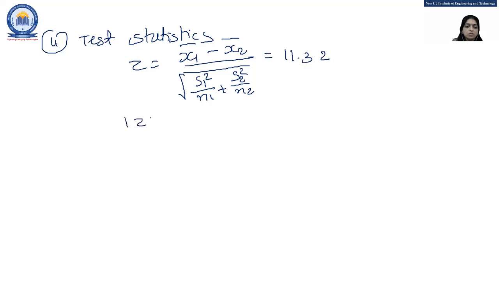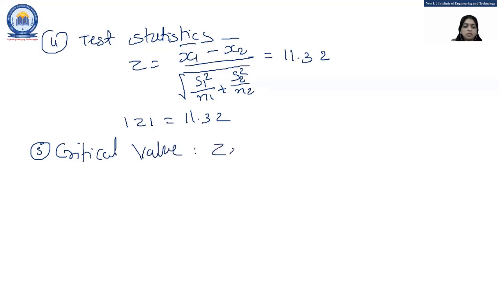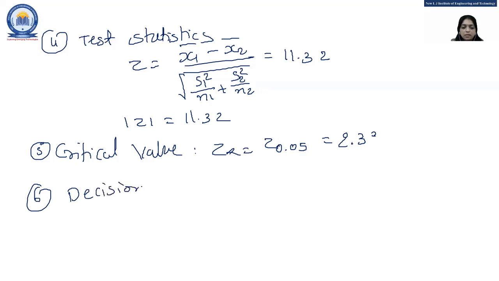So your mod Z is also 11.32. Next one, critical value Z alpha. So Z 0.05, and your test is a right tail test, so your answer is 2.33.